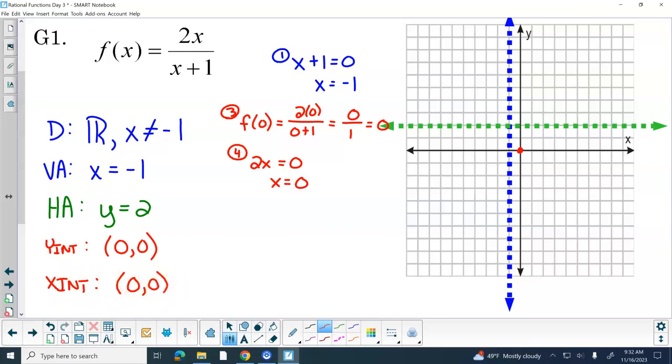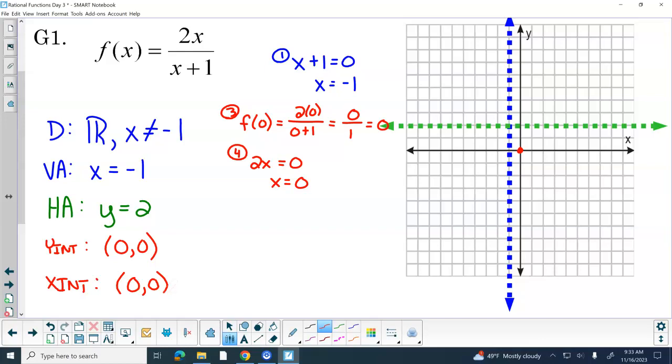That's the one spot where it is for both. Yes, sir. Always. But there might be more x-intercepts. But yes, if the y-intercept is the origin, at least one of your x-intercepts is going to be the origin. Okay, so we're through step 4 now, yes?